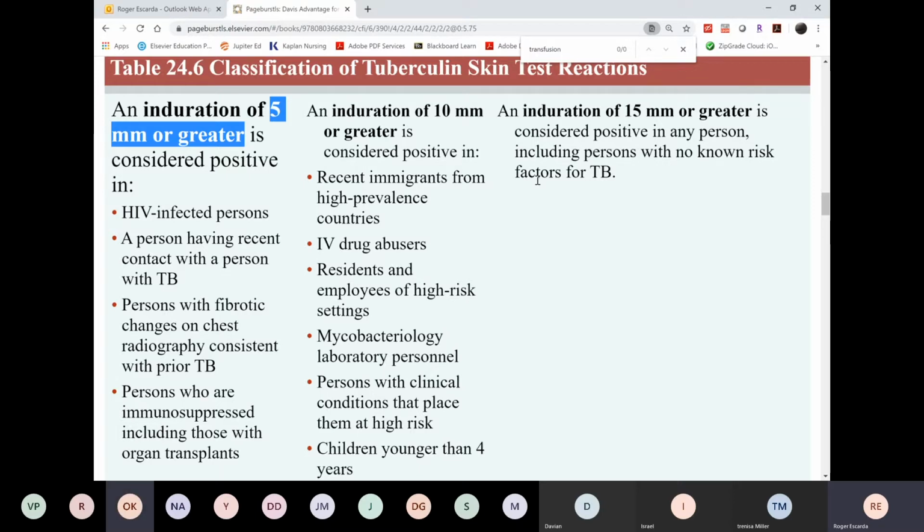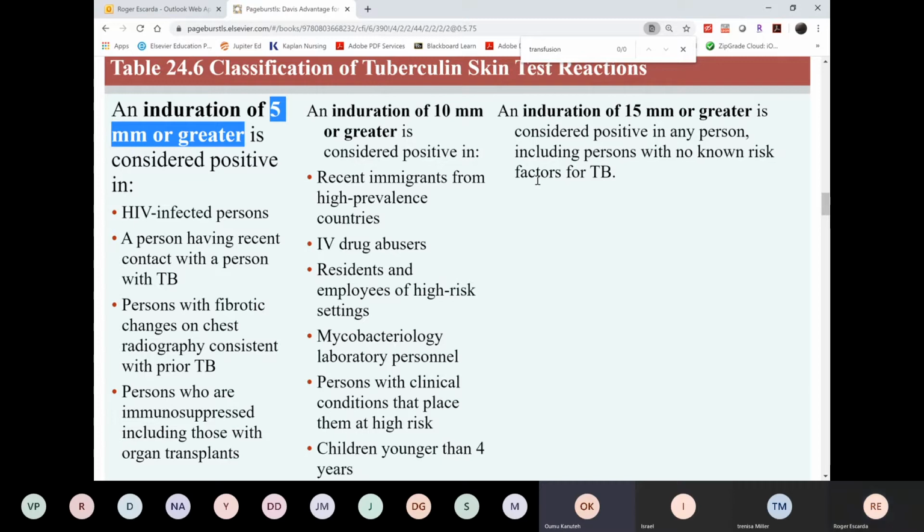Well, I've never had tuberculosis before. Well, yeah, so that's why I'm asking. If I put a PPD on you and you have a positive result, are you under the 5, 10, or 15 millimeter group? I'm asking because of your current status. Are you in the 5, 10, or 15 group?